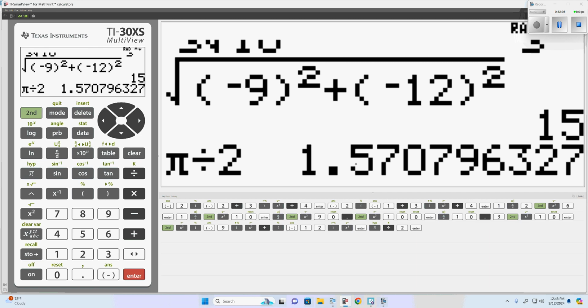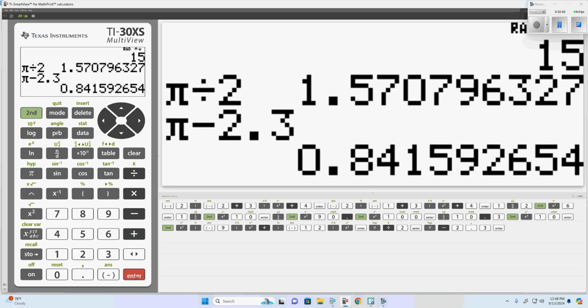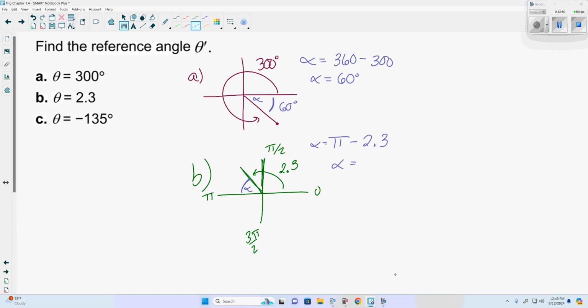And again, we can let the calculator do this here. Pi minus 2.3, going out 4 decimal places, 0.8416 would be the reference angle.